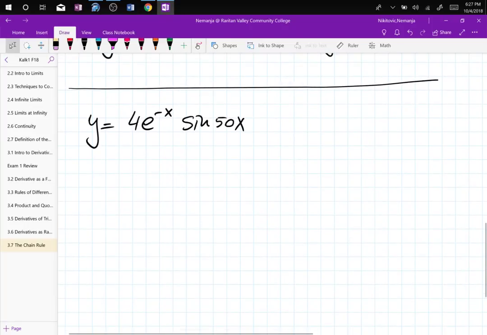I can put whatever there, it's going to work. So when you look at this, you should see a product rule. The only second layer functions are actually that 50x and negative x.